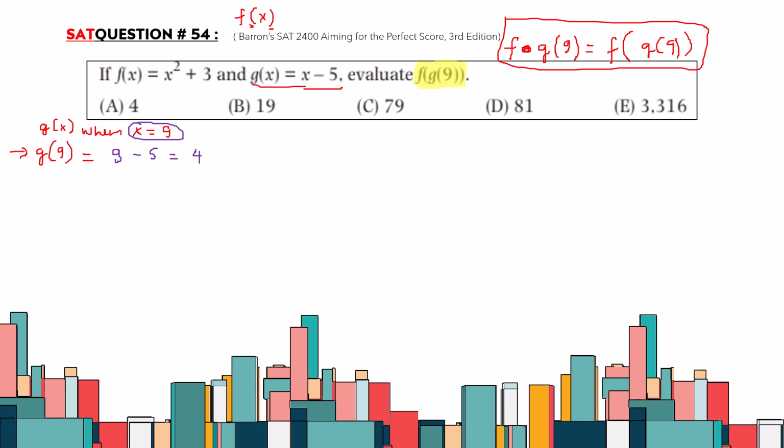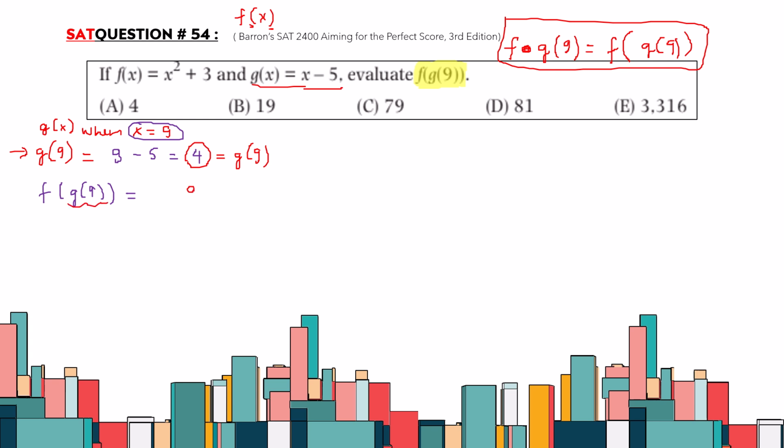Now we have to find f of g of 9. We know what g of 9 is right now. This is 4. That is our g of 9.